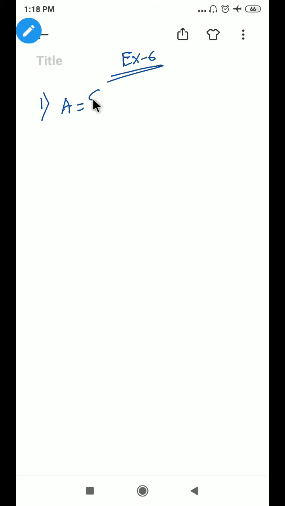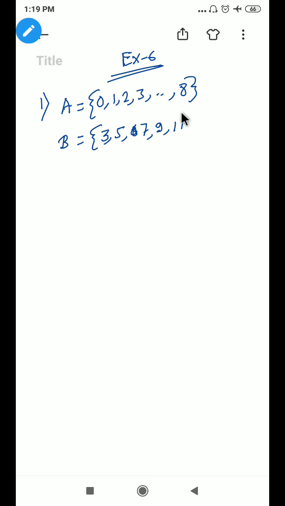A is equal to 0, 1, 2, 3, dot dot up to 8, and B is given: 3, 5, 7, 9 and 11, and C is given here: 0, 5, 10 and 20. So our first question is to do the union of A and B.